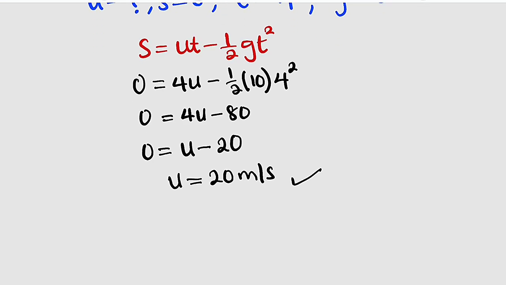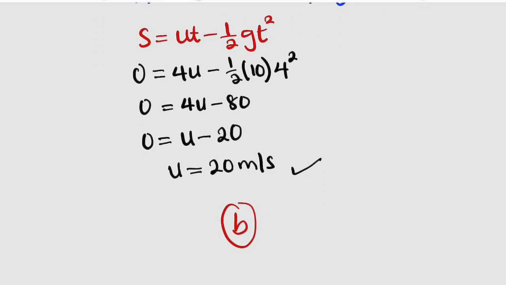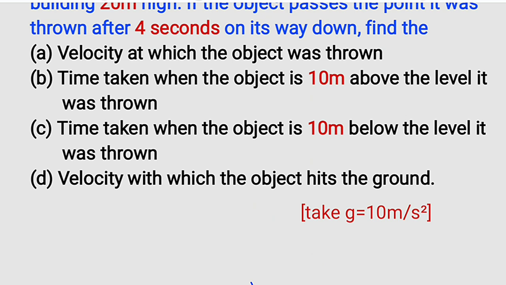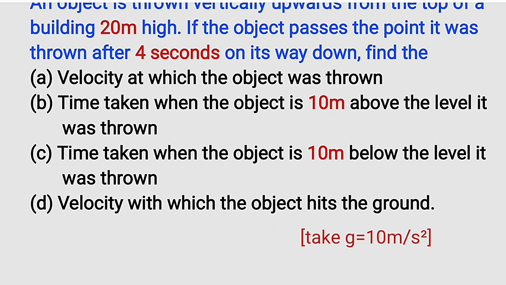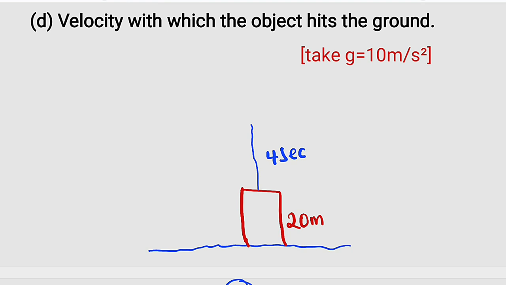Let's move on to the B part. In the B part, we're asked to find the time taken when the object is 10 meters above the level it was thrown. So let us examine something. 10 meters, so we don't know the distance covered, but let's assume we have 10 meters situated here. It means from this level to this is 10 meters.